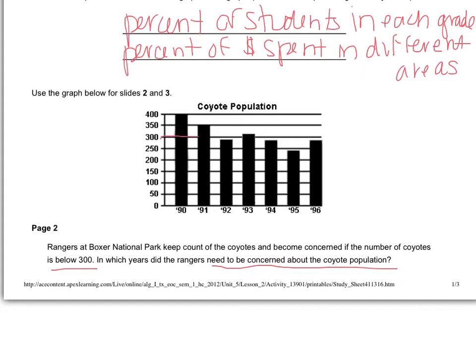So here's the 300 line, and we're going to list out all the years it was below 300, which would be 92, 94, 95, and 96. Those would be the 4 years they would need to be concerned. Other than that, it was above 300.